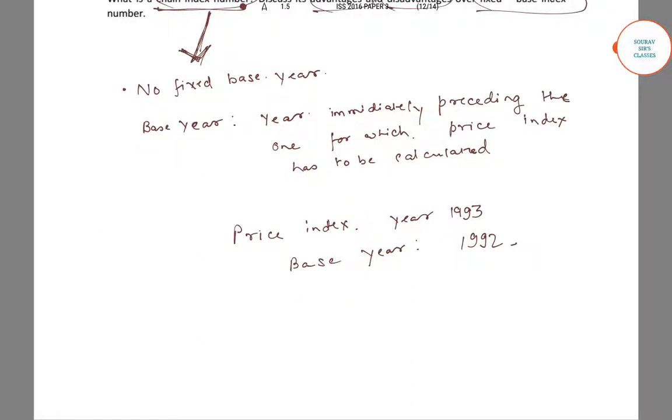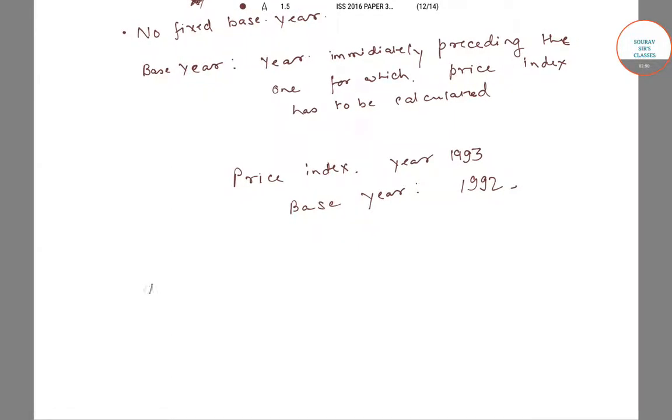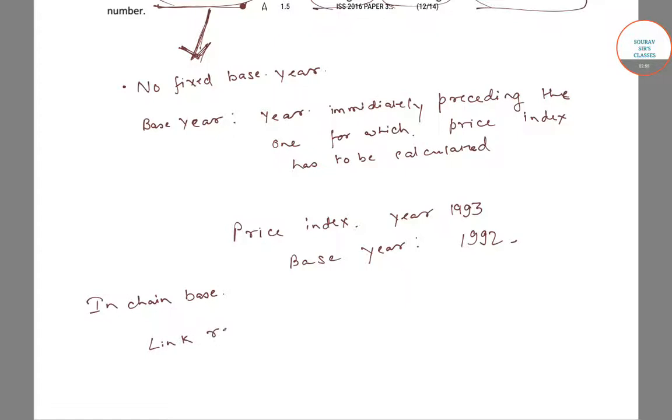So the link relative of the current year, writing current year as CY, is equal to the price in the current year divided by the price in the previous or preceding year, which I am writing as PY, into 100.